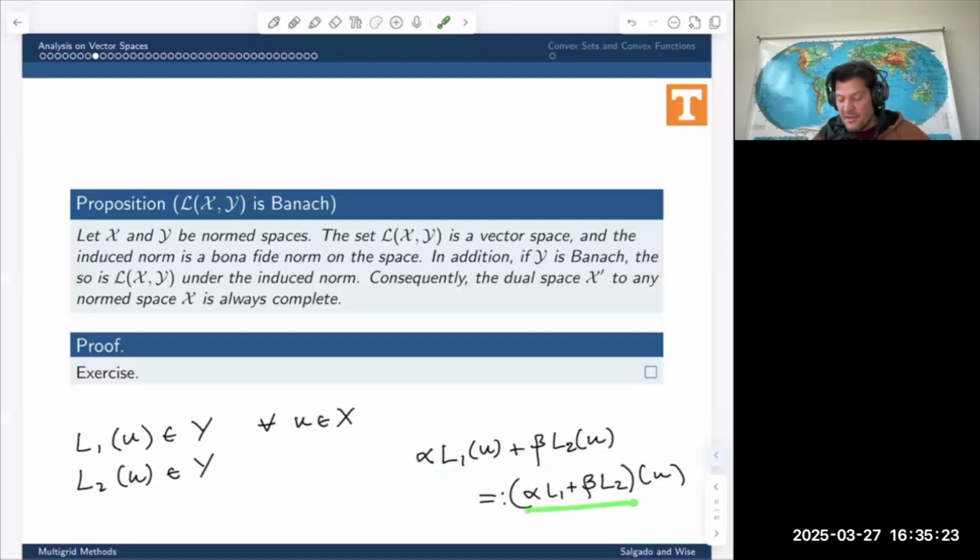And this thing here is a bounded linear operator. Okay, it's very easy to show that. You just check the various properties. So that means that if I add two of these together, I get something back in the space. So this has to be a vector space.